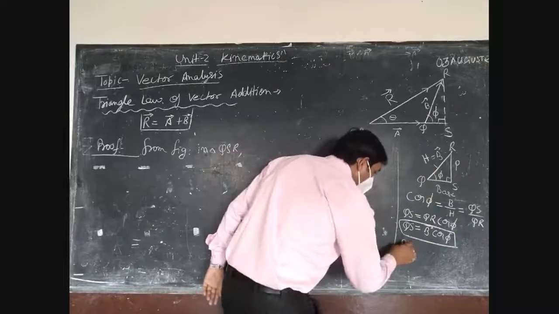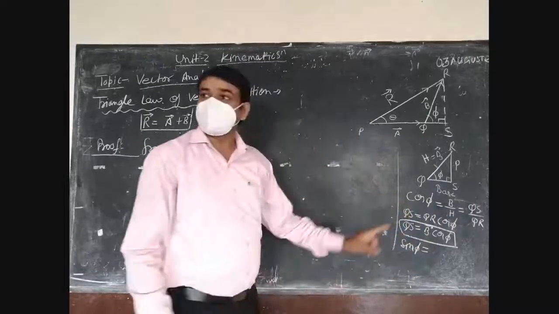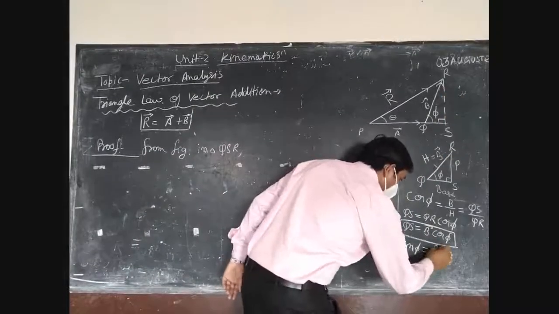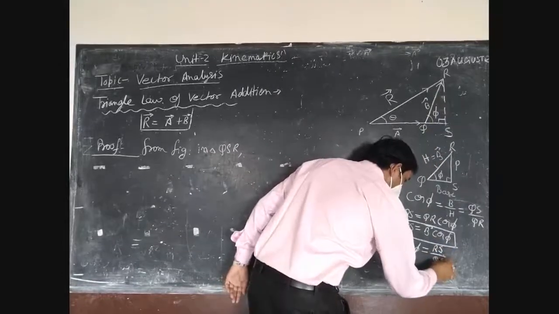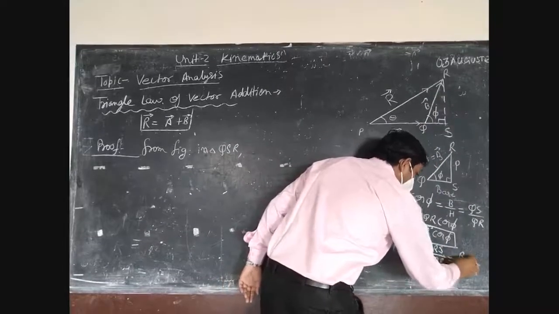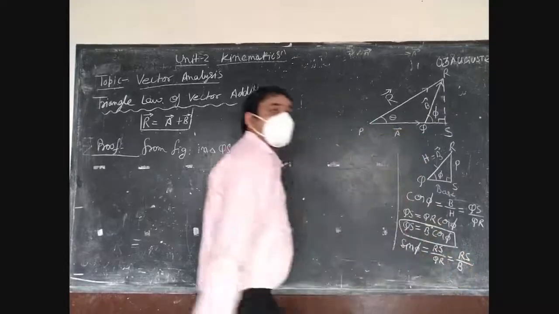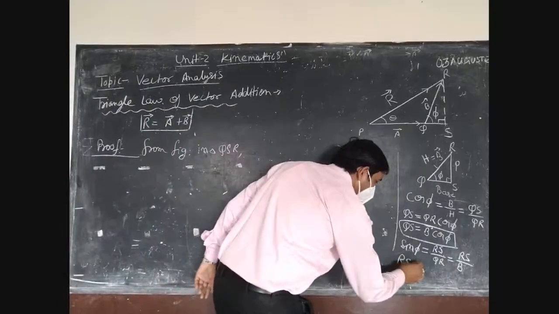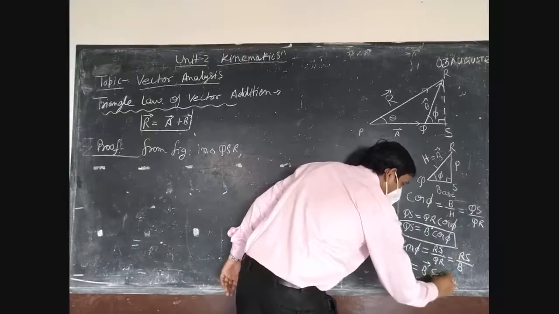And sin phi is equal to, I will just write here directly, perpendicular RS upon hypotenuse QR. This you will get: RS is equal to this, and then the value of RS is equal to vector B sin phi.